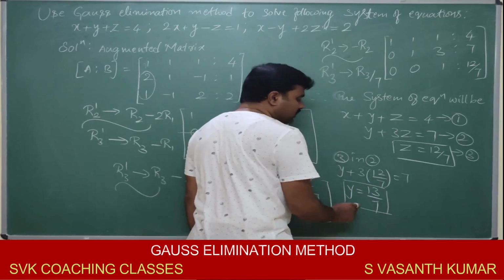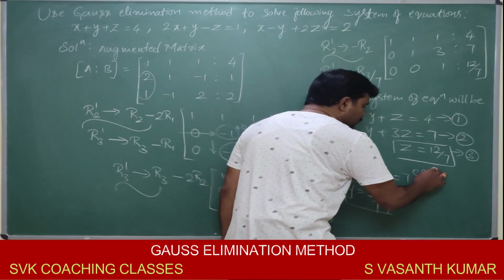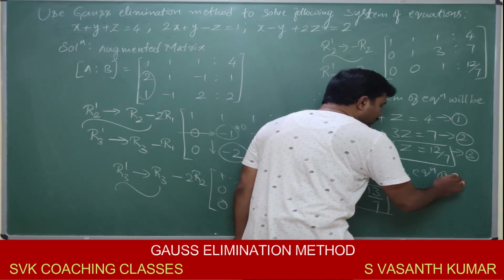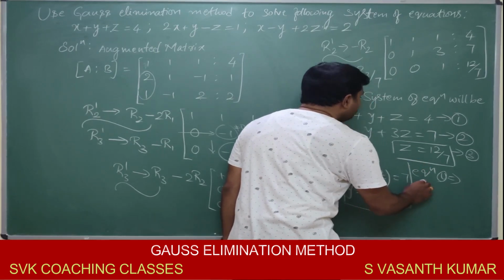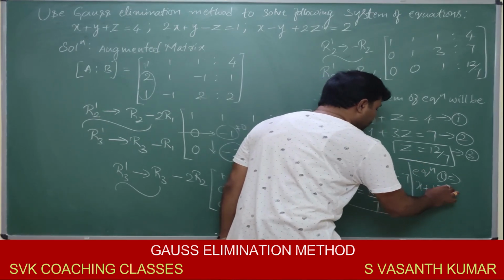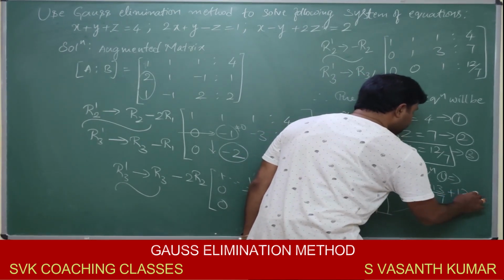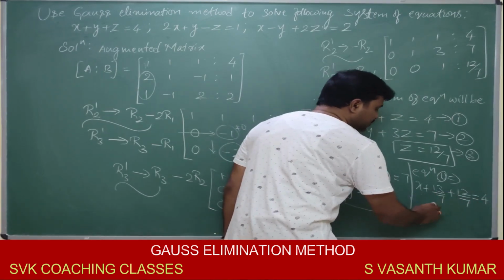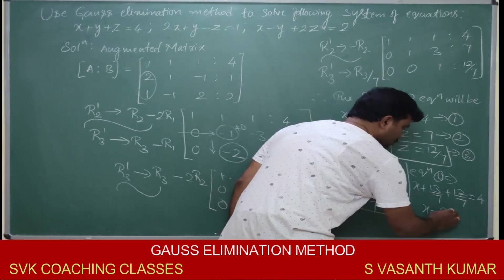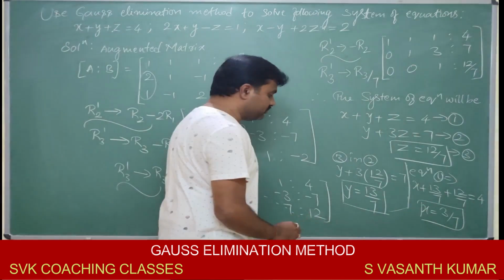Now substituting the values of y and z in equation 1: x plus 13 by 7 plus 12 by 7 equal to 4. So simplifying this, the value of x is 3 by 7.